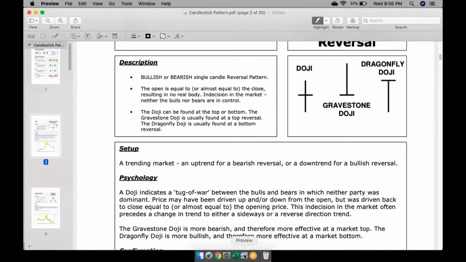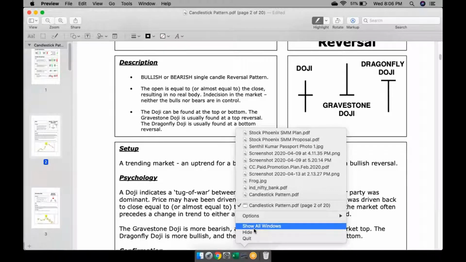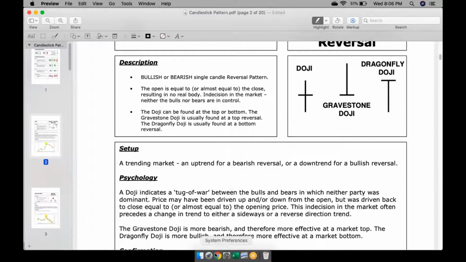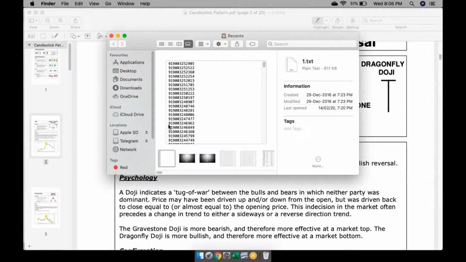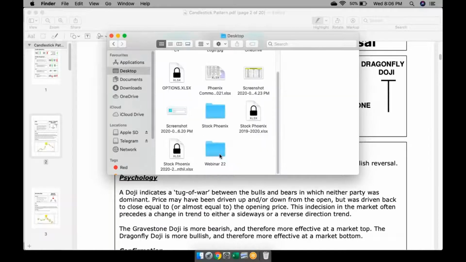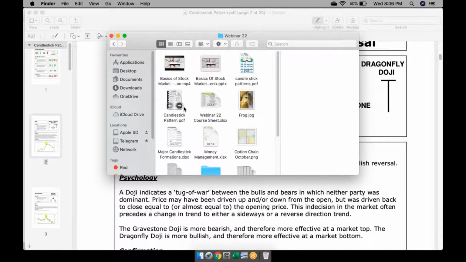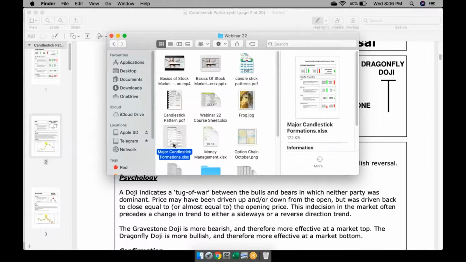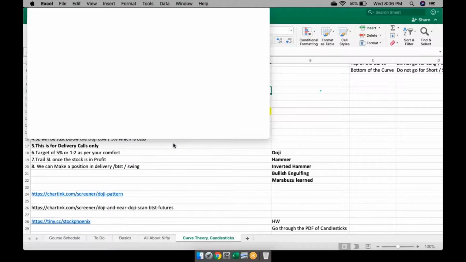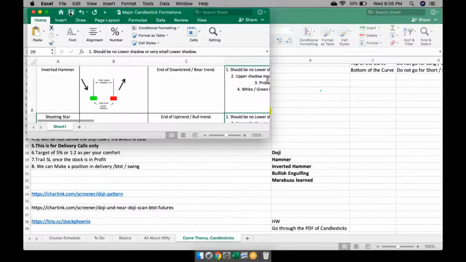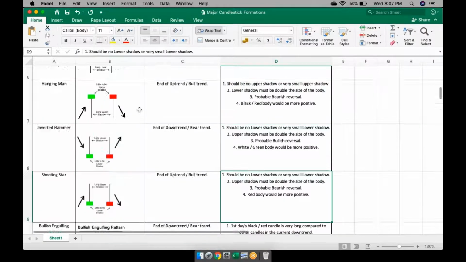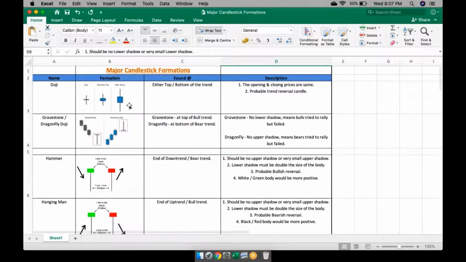So what I have done is, in my office, I have taken this particular sheet and taken a printout and kept it in front of my table so that I can always see it.